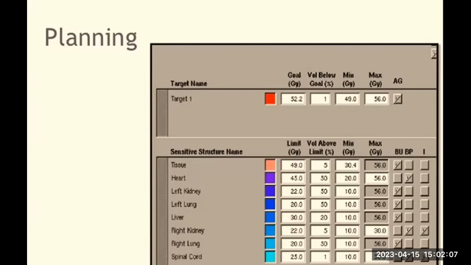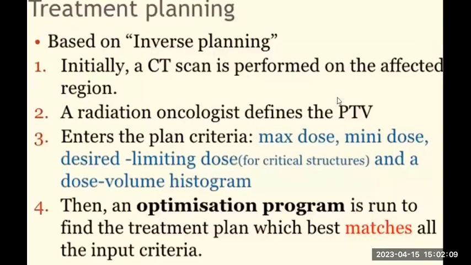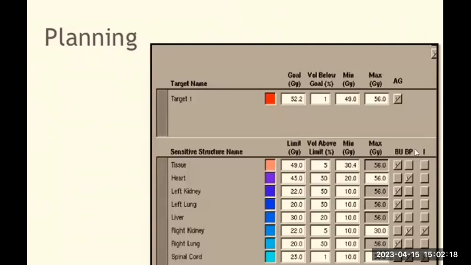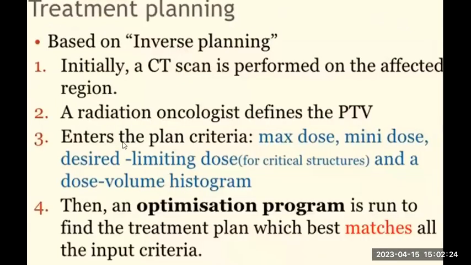Once the 3D is done, the treated volume is measured. After that, the dose level is tabulated like this. The gray level, everything, the oncologist will determine based on the tumor's critical stage. That is what is given for critical structures. Critical structures means the tumor will have a very irregular shape and size, and that is very difficult.